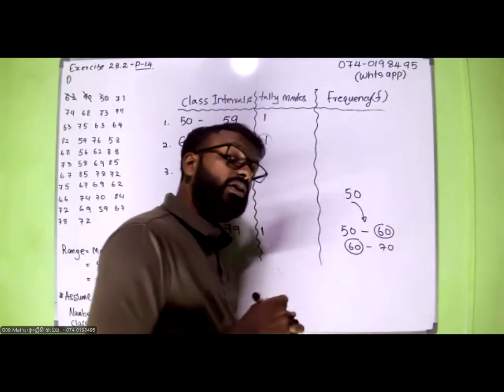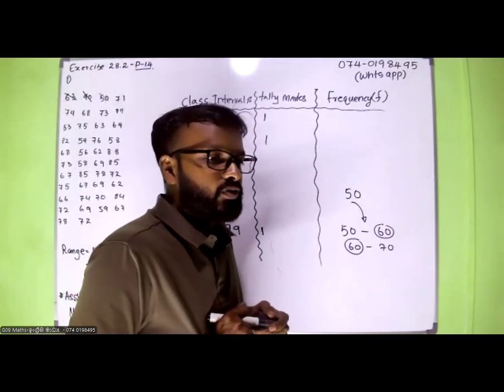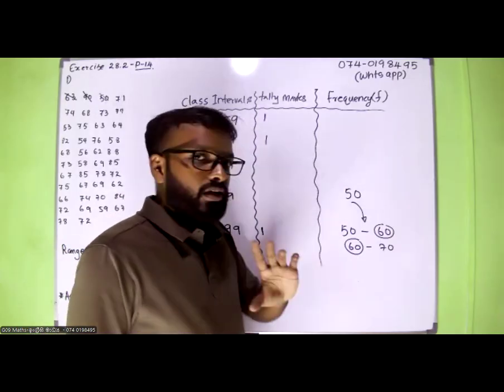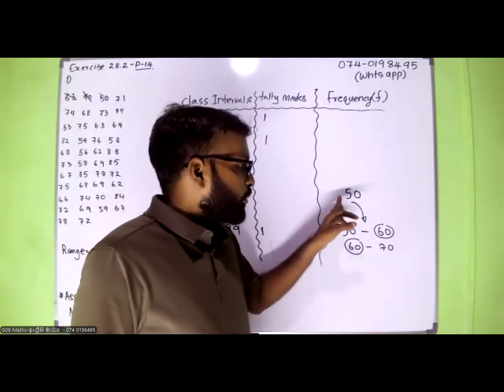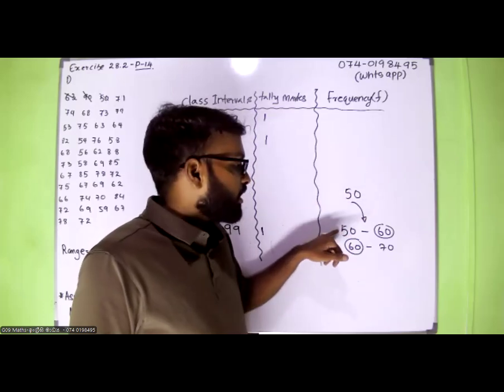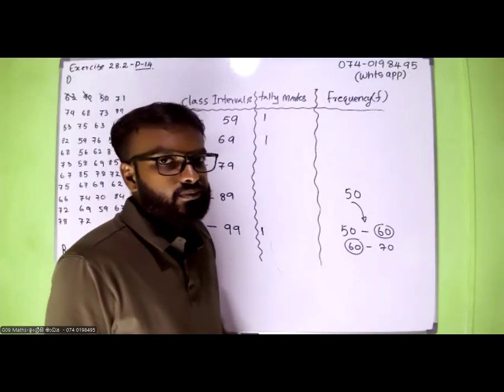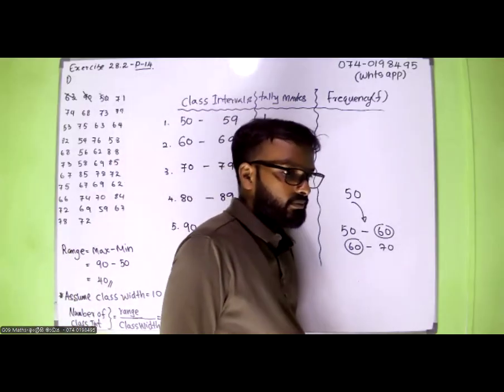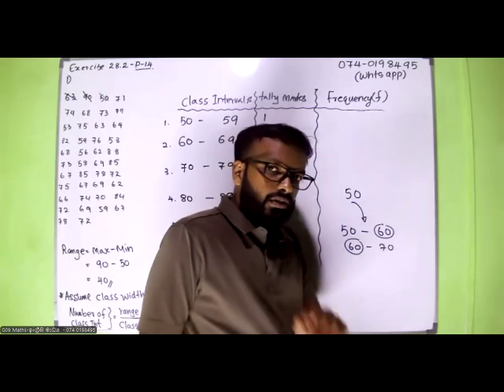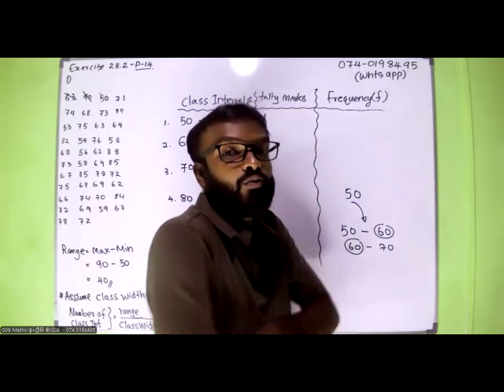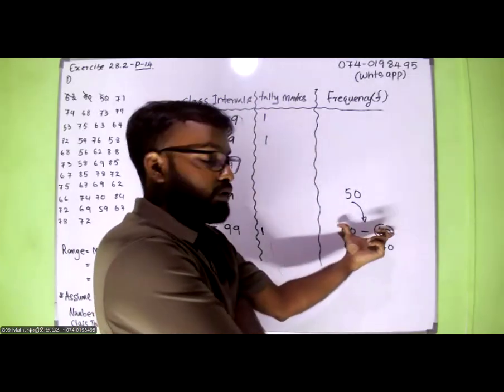Can you remember the definition that we discussed last time? Data point 50, can you put it into the first one or not? Tell me. How can you put it if you have a closed interval?